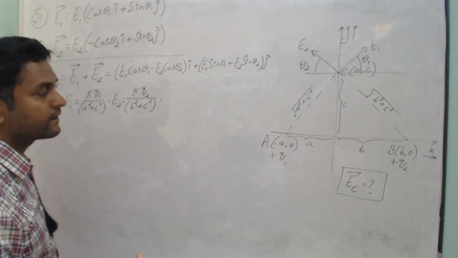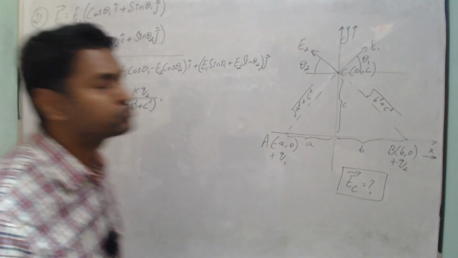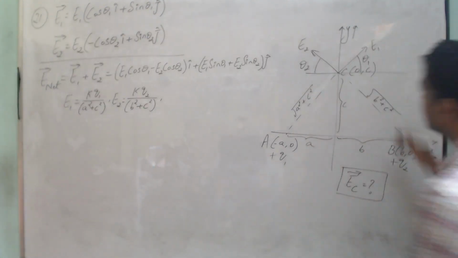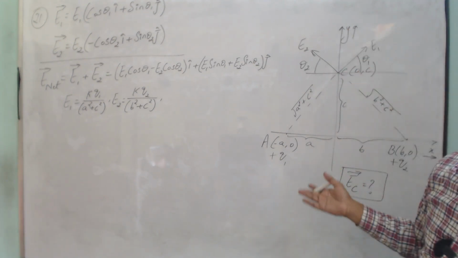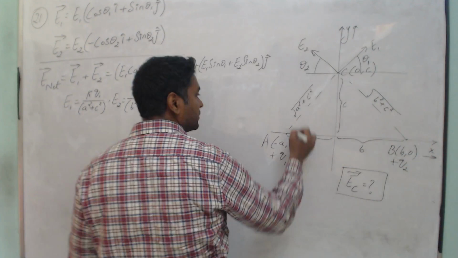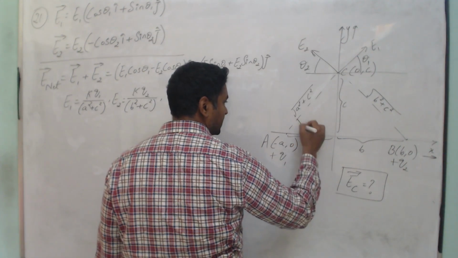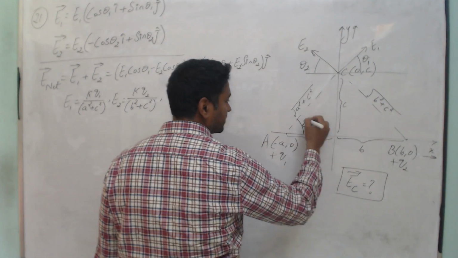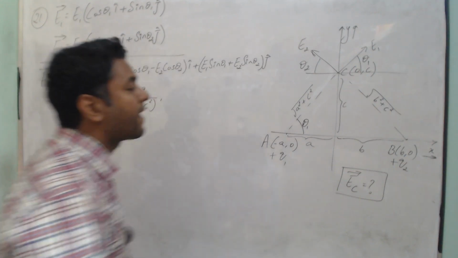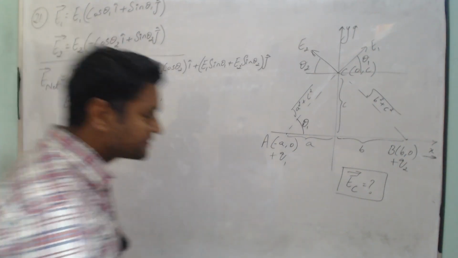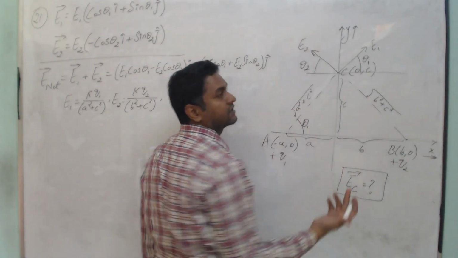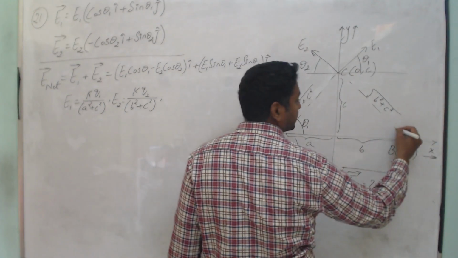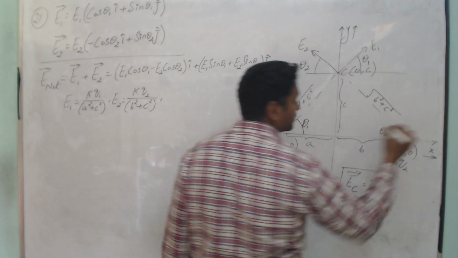Now, if you understand school geometry, if the angle made by E1 with x-axis is theta 1, then the angle made by this connecting line with x-axis is also theta 1. Similarly, if the angle made by E2 with negative x-axis is theta 2, then this angle is also theta 2.